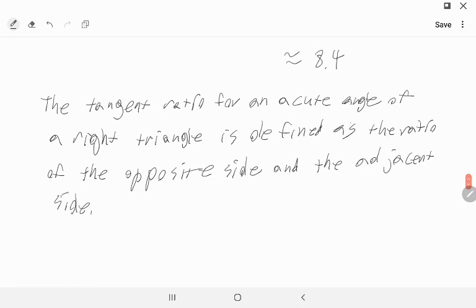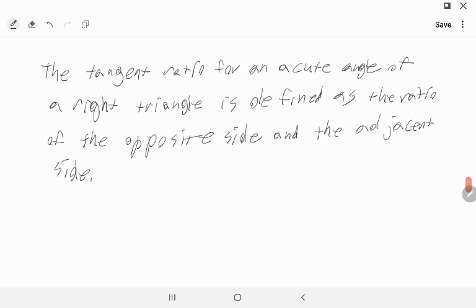We'll abbreviate that as tangent of our angle is equal to opposite divided by adjacent.